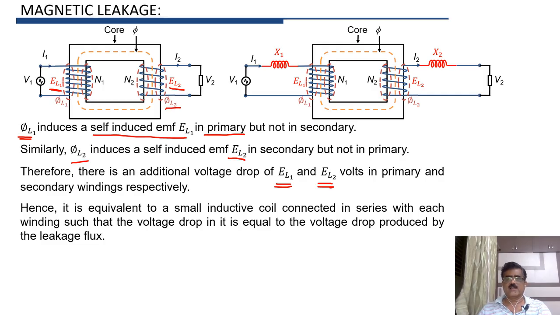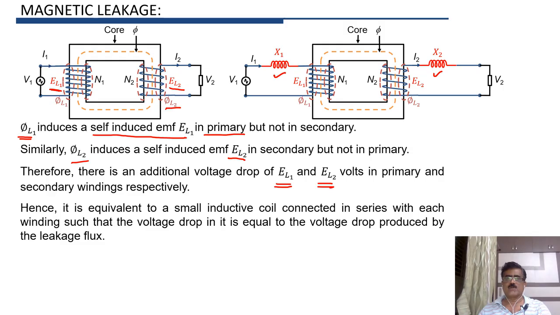So we consider an inductive reactance X1 connected external to the primary winding. Similarly, inductive reactance X2 is connected external to the secondary winding, and this X1 will represent the effect produced by EL1, and for that the voltage drop across X1 must be equal to EL1.